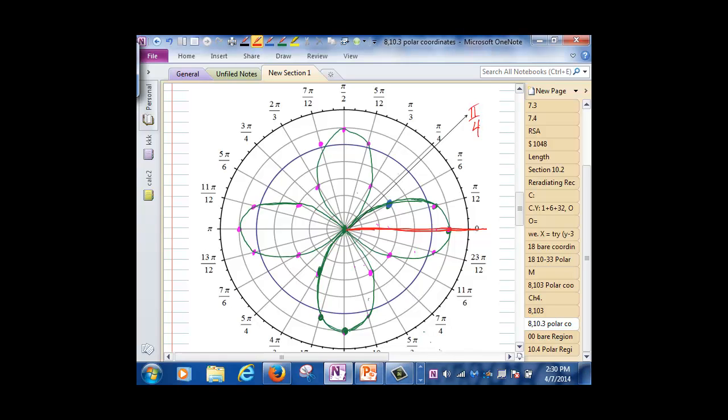So I started at theta equals 0 at this point, and then as theta goes to pi over 4, I am sweeping out this part of the curve. You have to remember that, or you have to sketch it out first and then do this problem, okay? So we are sweeping out the upper half of the loop as theta goes from 0 to pi over 4.